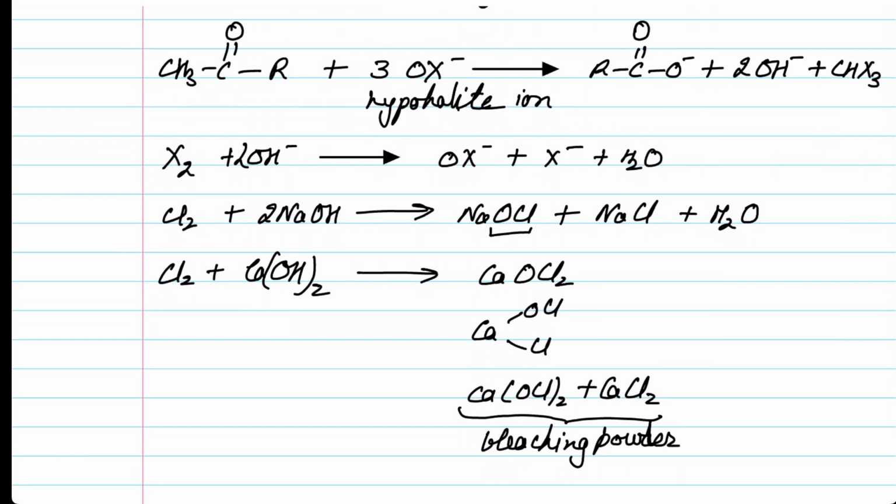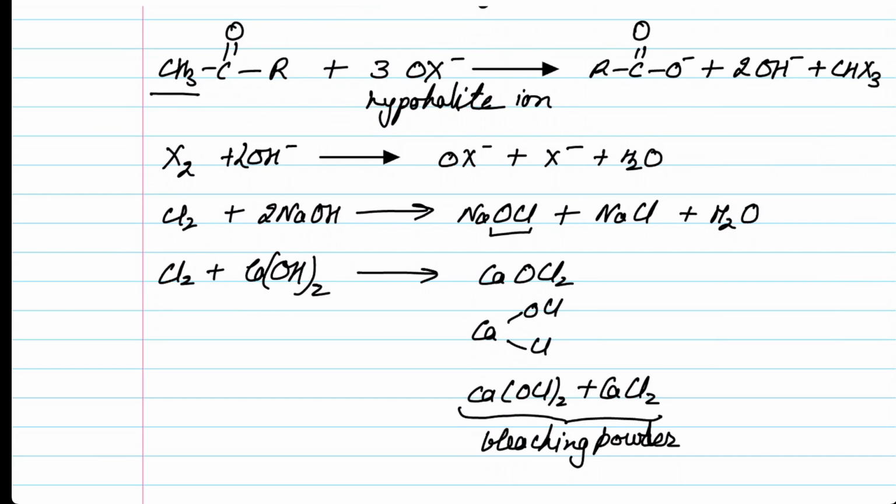As you can see, the CH3 of the carbonyl group has converted into CHCl3 and has been removed from the alkyl group. So we get the carboxylic acid which has one carbon less than the carbonyl compound. So this can also be considered a step down or a degradation reaction.